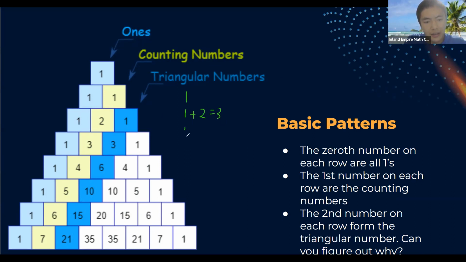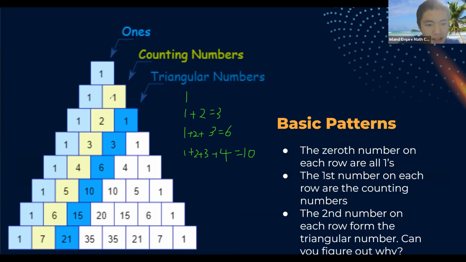The third is 1 plus 2 plus 3 equals 6. The fourth is 1 plus 2 plus 3 plus 4 equals 10. And it keeps on going forever. You just keep on adding larger integers to get triangular numbers.